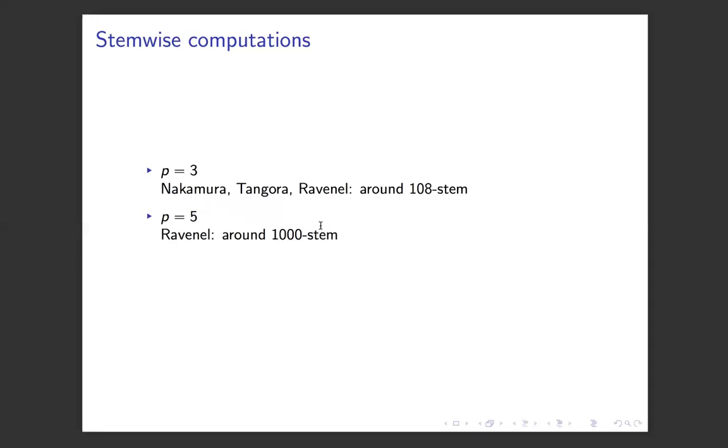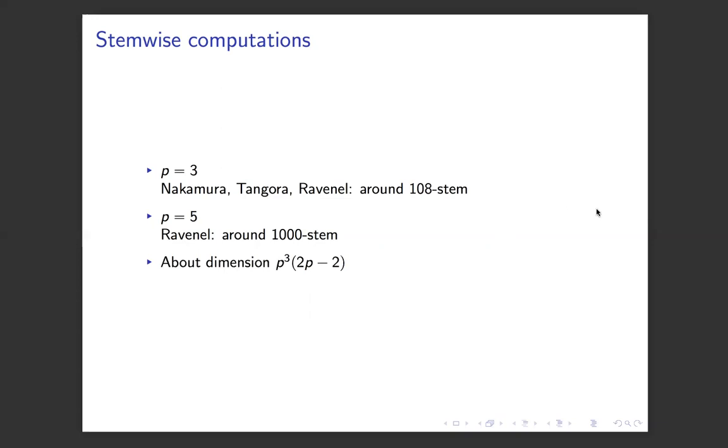These two numbers look very different, but if you think about it, they're both about p cubed times 2p minus 2. So in this sense, we know actually around the same range. But if we plug in p equals 2, this number is as small as 16. So in that sense, at prime 2, we actually know a larger range of stable stems now.